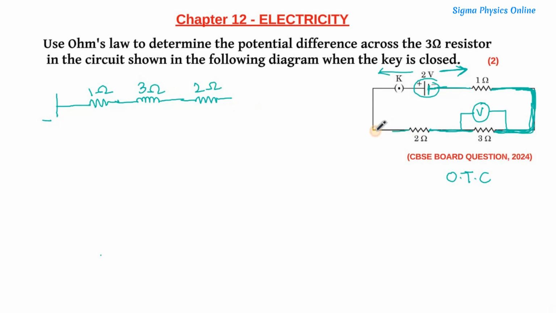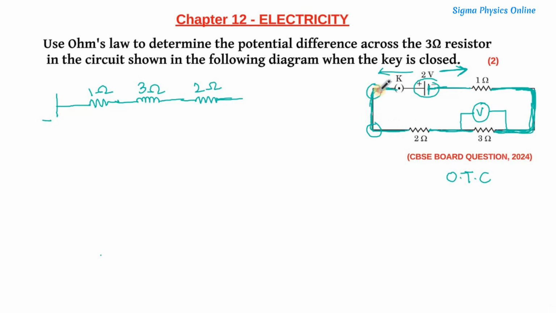Now the other end of the 2 ohm resistor, again the wire simply bends at this place, and again there is another one bending at this place. So simply it is the wire bending. So if you pull it apart, it will stretch and will be forming one single line. So this is the other end of this 2 ohm resistor.